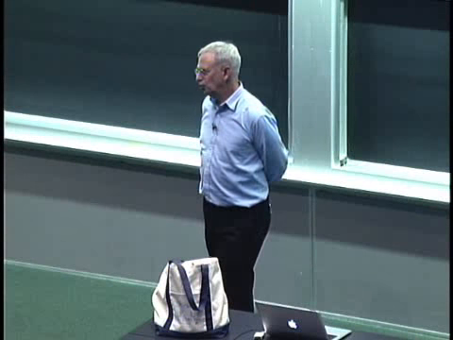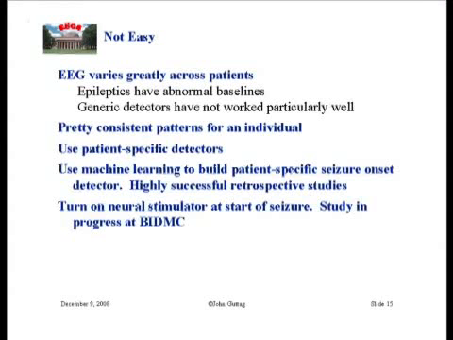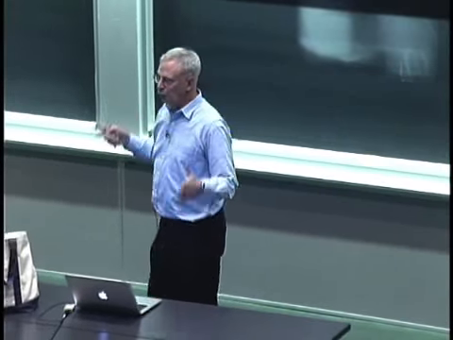Every EEG machine that gets shipped comes with a seizure detector, and the first thing most hospitals do is turn it off because it just doesn't work. The good news is that even though each epileptic's brain signals look different, once you've learned what an individual's signal looks like, it's pretty consistent. Both the interictal, between seizures, and the start of the seizure.